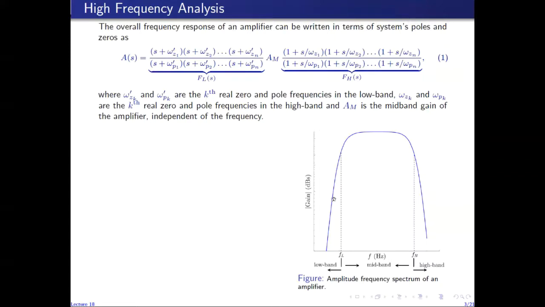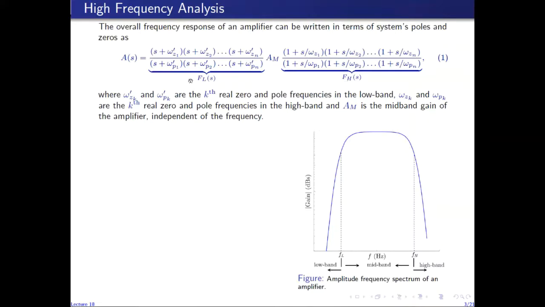So this profile represents the high pass operation, whereas this curve here represents the profile of a low pass filter.